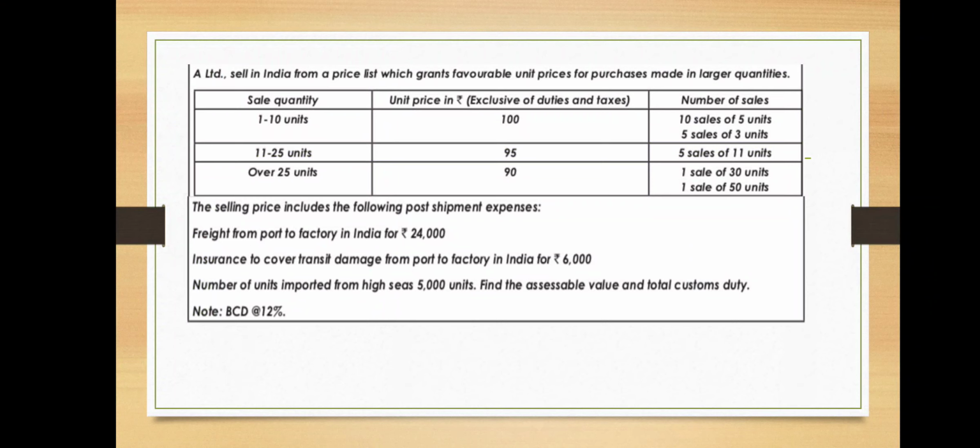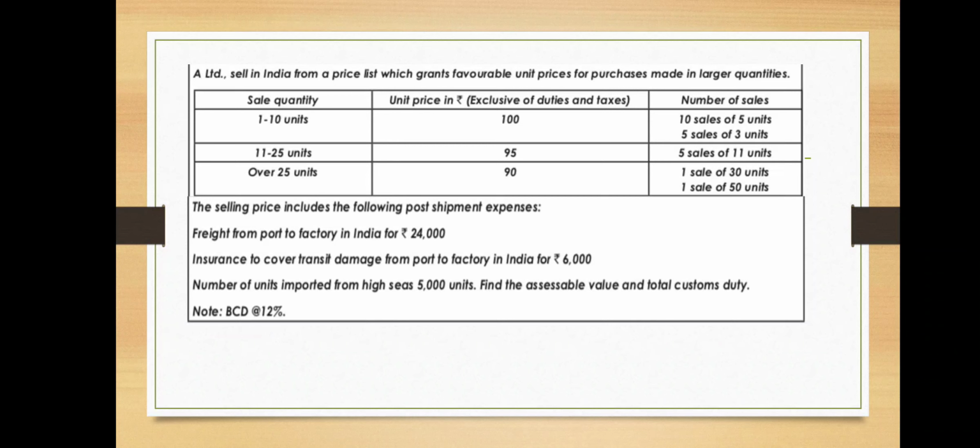A Limited sells in India from a price list which grants favorable unit prices for purchases made in larger quantities. So here they have given 3 categories of sale quantity. The unit price, which is basically exclusive of duties and taxes, is given in rupees. Along with that, the number of sales.